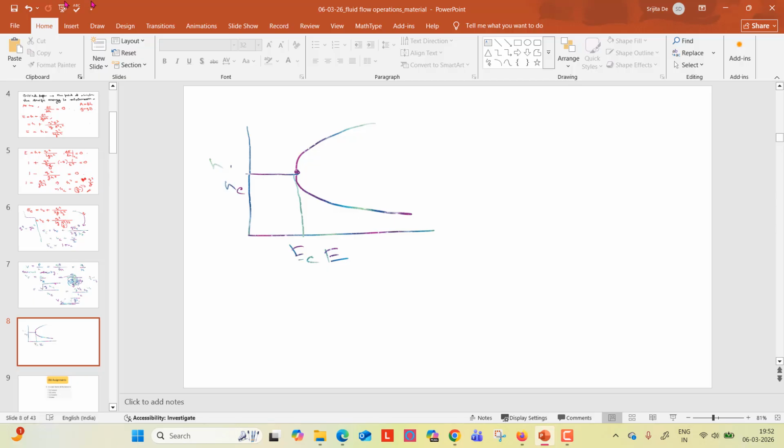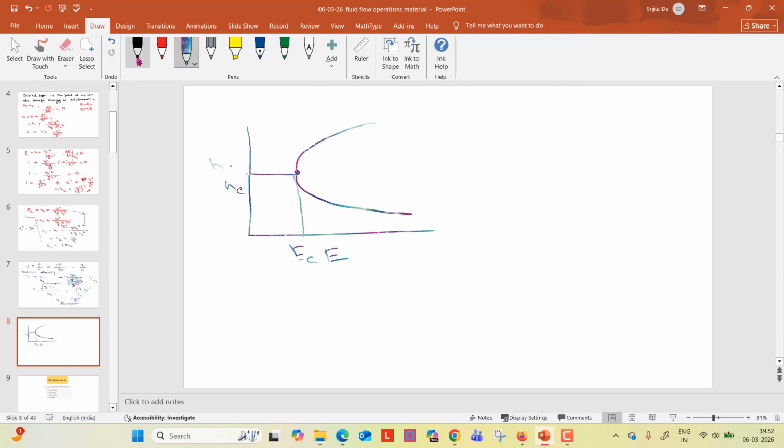Now suppose there is a distance here. We are calculating something at this point. So this distance is H less than Hc, right? And there is another distance, the top.